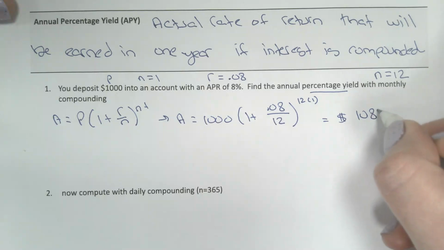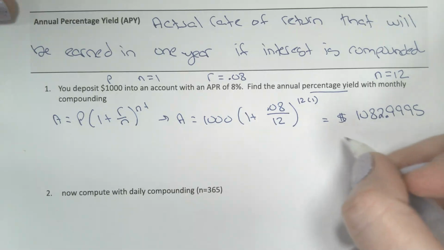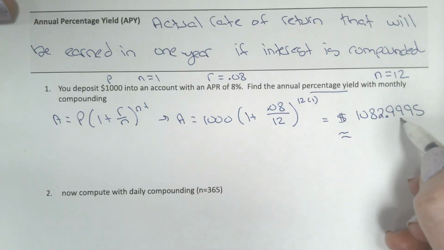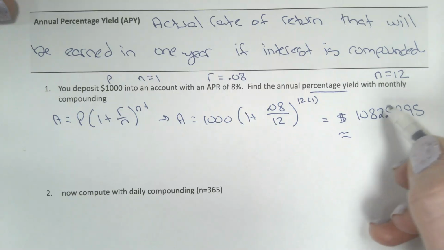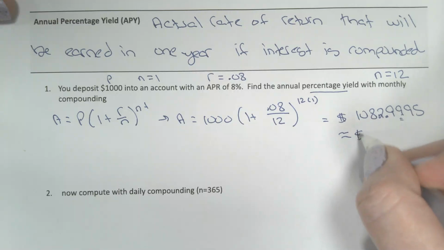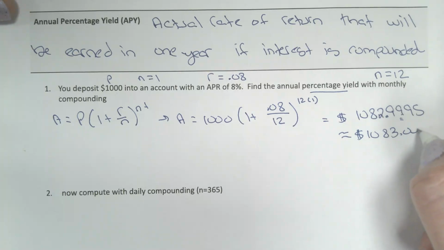So I got 1,082.9995. And so money is 2 decimals. The 9 rounds that up, which rounds that up, which rounds that up. And so I'm estimating this at $1,083.